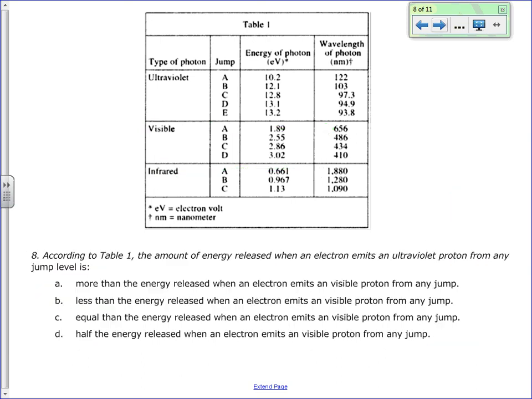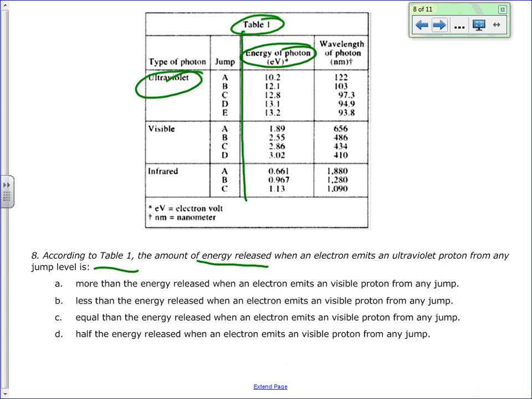All right, let's take a look at question number 8 using the same table. According to table 1, the amount of energy released when an electron emits an ultraviolet photon from any jump level is... I noticed that we're looking for energy release, and that we're looking for ultraviolet from any jump level.